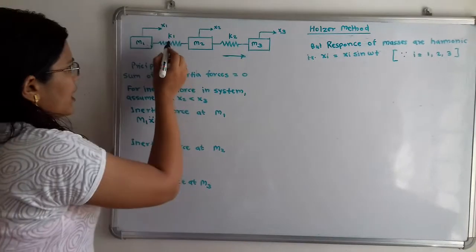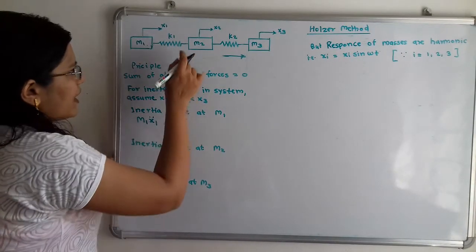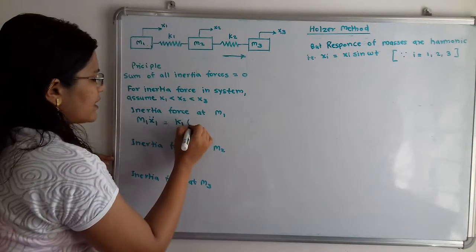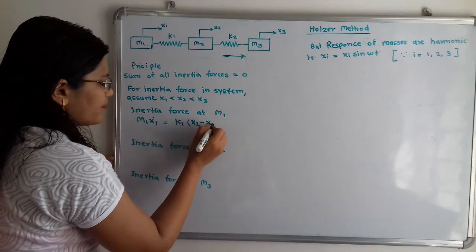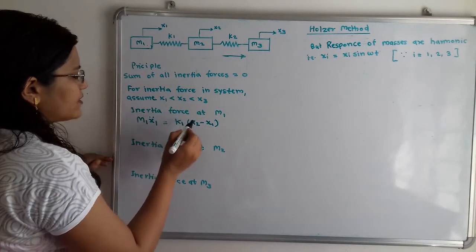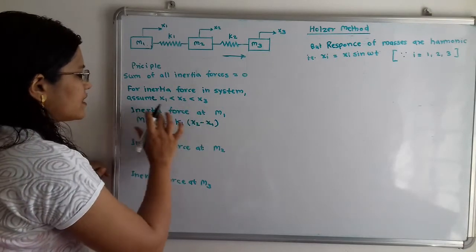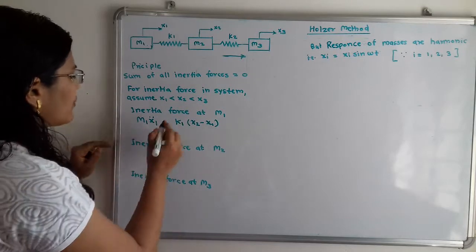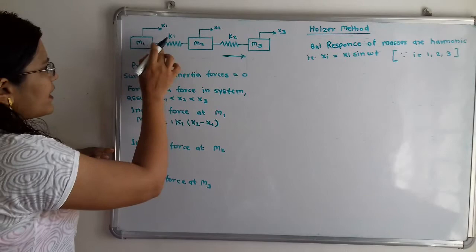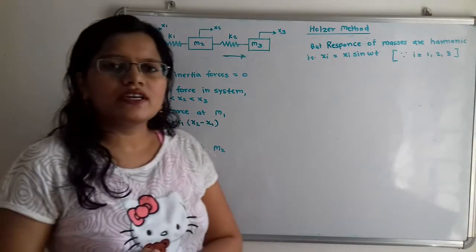So here we take K1, and we take the difference of the displacements, that is x2 minus x1. Here, as per our assumption x2 is greater than x1, so we write x2 minus x1. So this is the inertia force at m1. Here we take a positive sign because the spring is on the right hand side of this mass m1. Now we will move to the next.